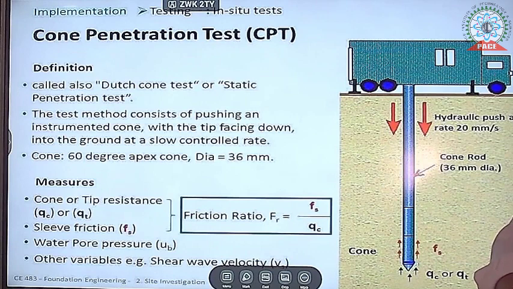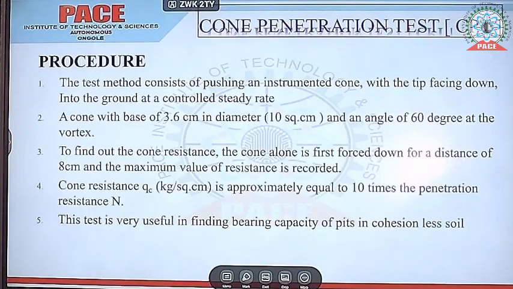So, we will have measurements, that is cone or tip resistance qc or qt, sleeve friction fs, pore water pressure u, and other variables such as shear wave velocity, as shown in the figure. The cone penetration test is conducted by pushing an instrumented cone with the tip facing downwards into the ground at a controlled steady rate.